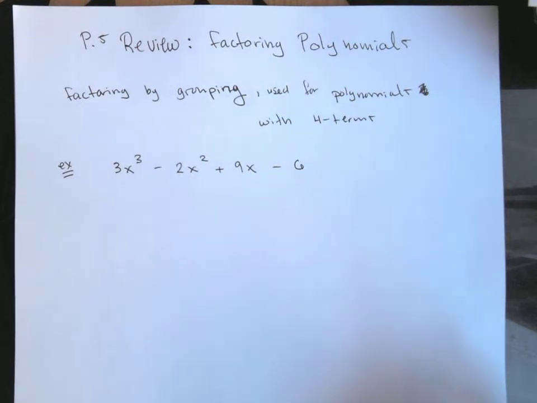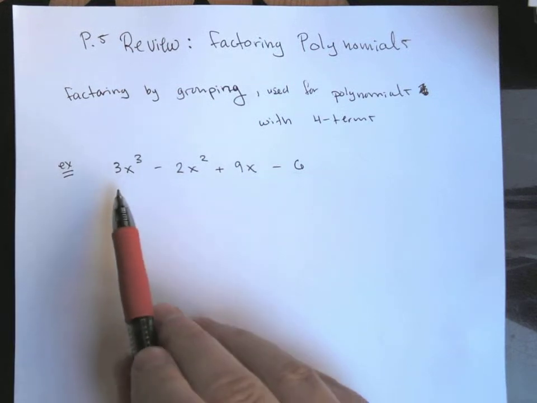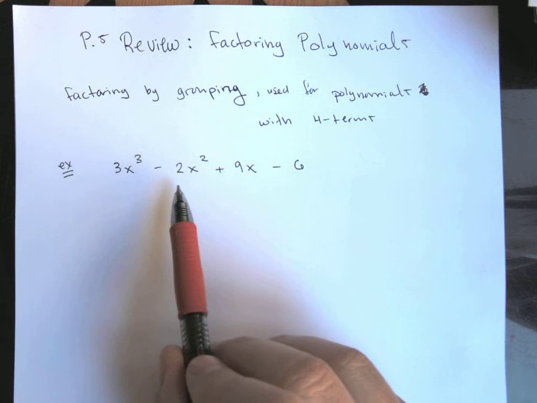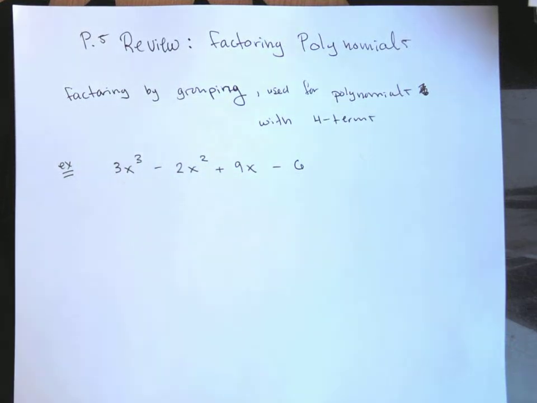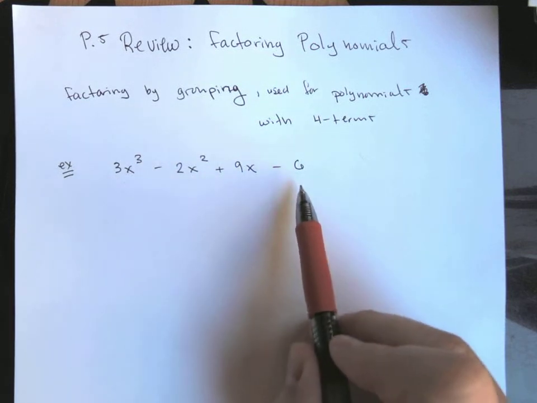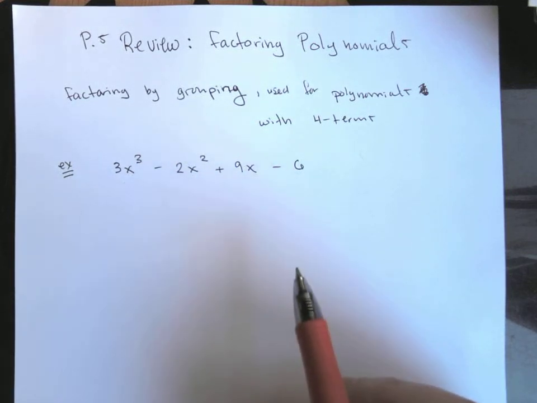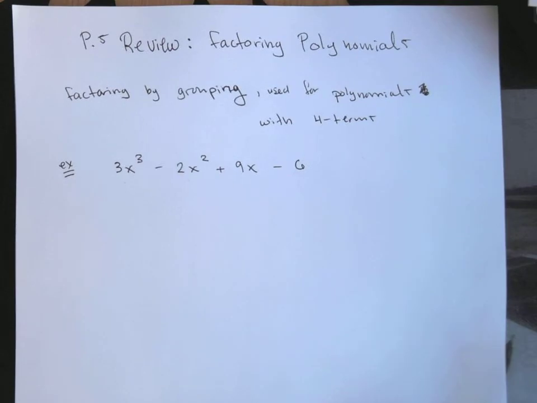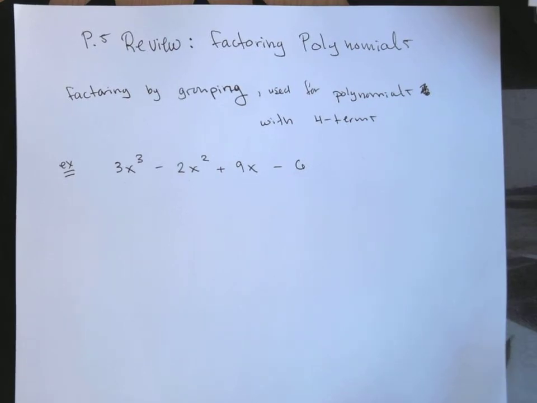In this case, 4 terms, and there are no common numbers. They're close: 3, 9, and 6 all have 3, but then the 2 spoils it. You could look for common x values, but we go from x cubed all the way down to a constant term, so there's no way to factor out any x from all 4 of these terms.